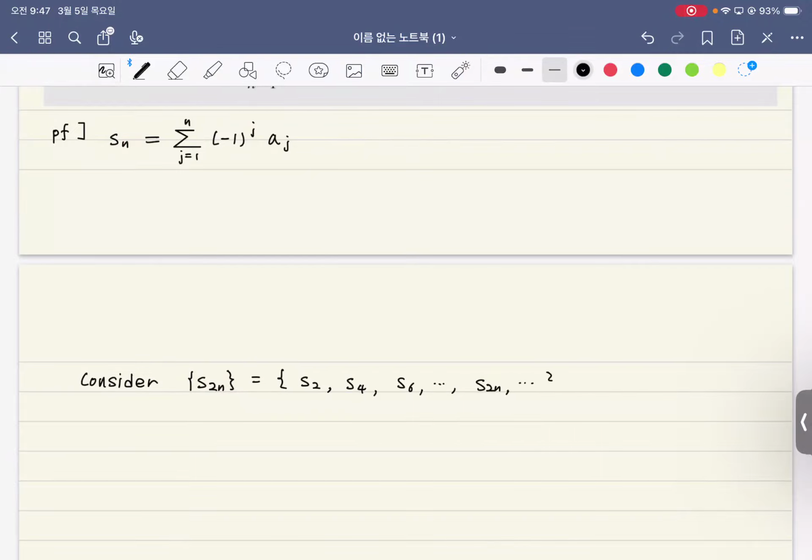So this is a subsequence that contains only even terms from the partial sum sequence. And we also consider S_(2n-1), which is S_1, S_3, S_5. This is another sequence that contains only the odd index terms from the partial sum sequence.